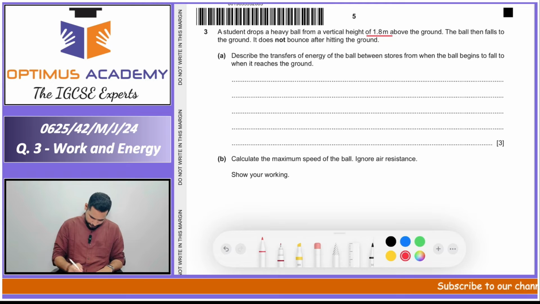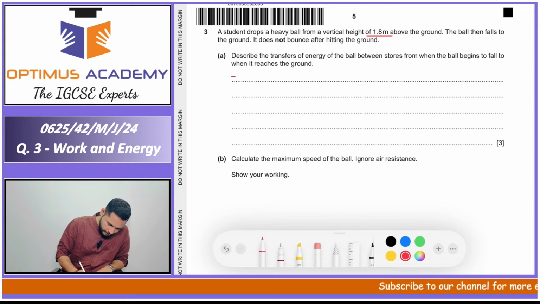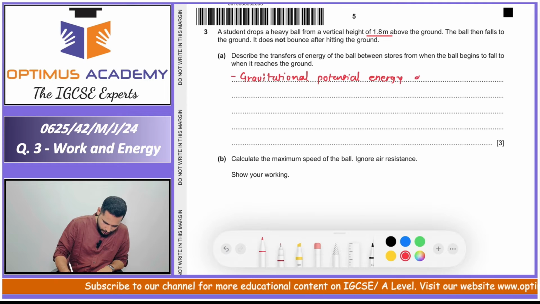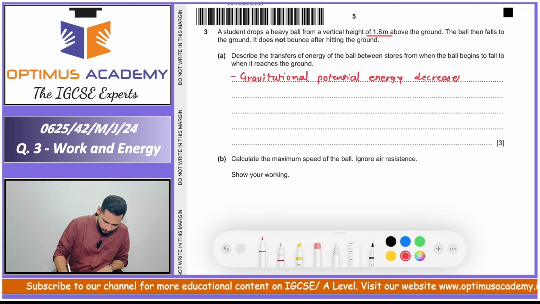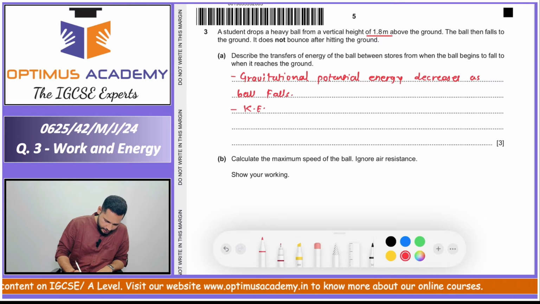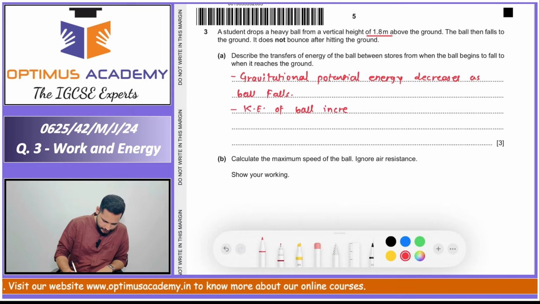So we can say that the gravitational potential energy decreases as the ball falls, due to which the kinetic energy of the ball increases.